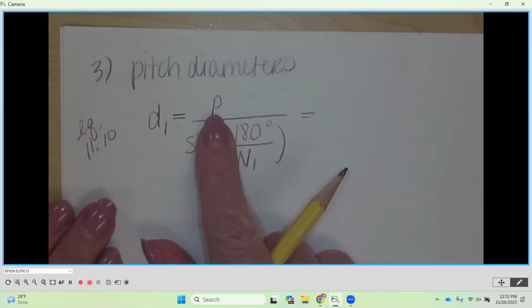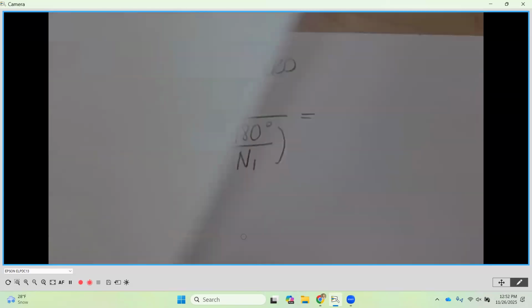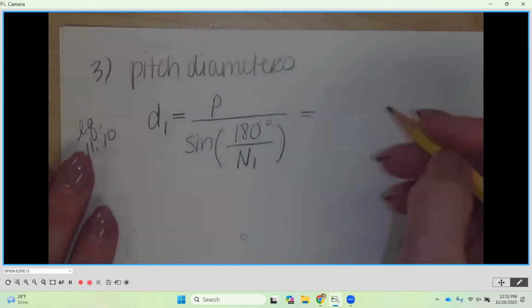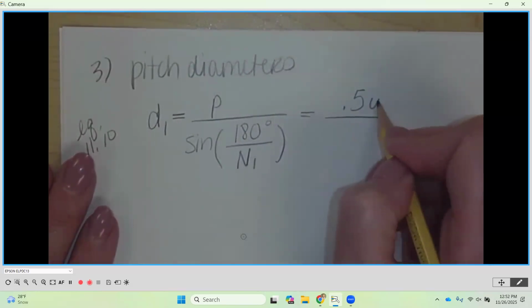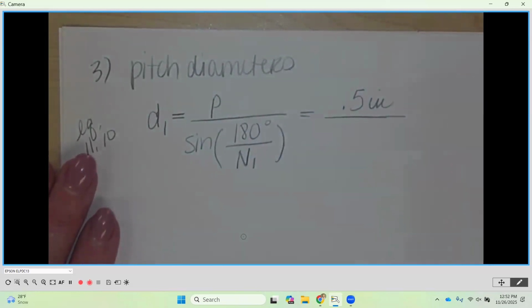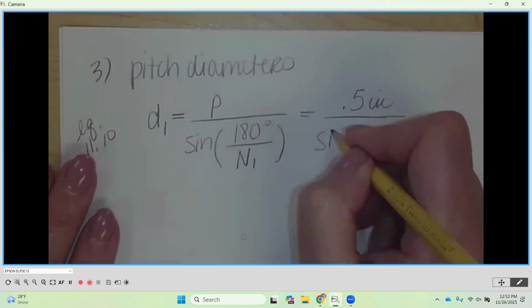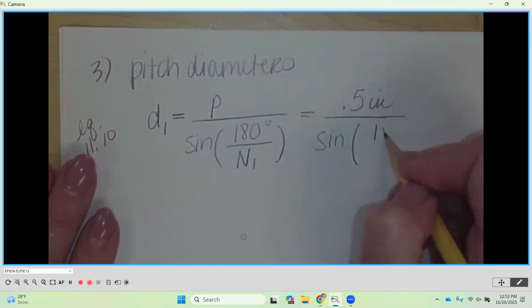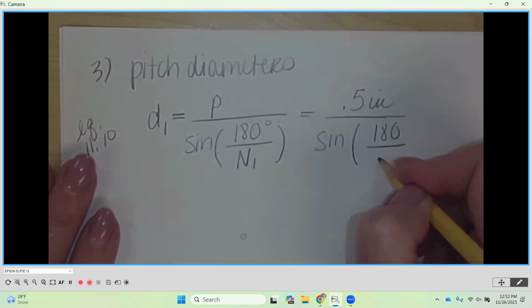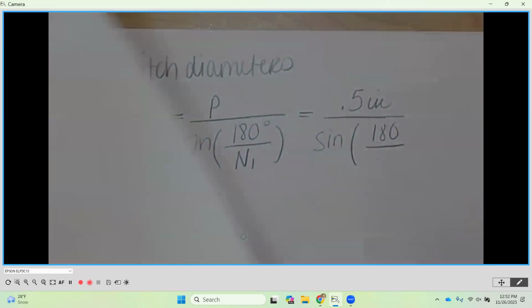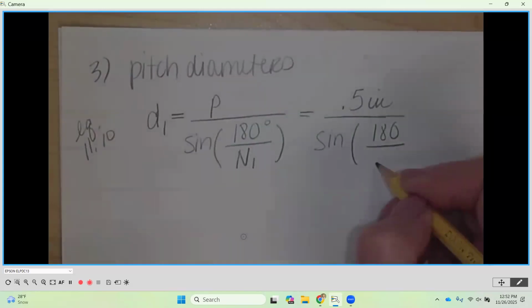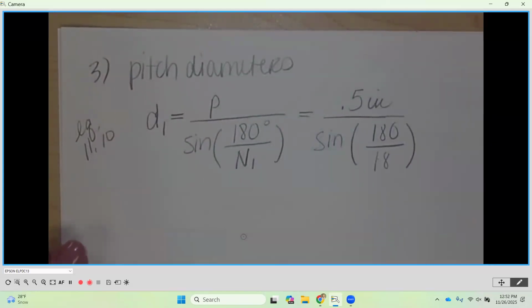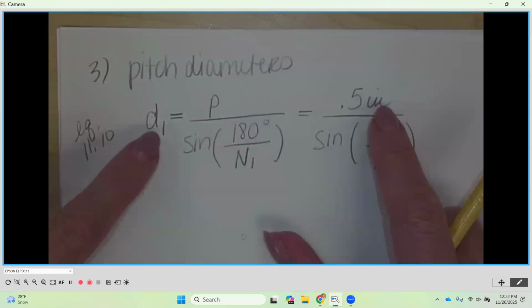So if I go here, my pitch from step 1 is 0.5 inches. So 0.5 is going to be equal to sine of 180 divided by the number of teeth on our small sprocket. That's 18 teeth, so we're just going to put 18 there. Inches is what we want for our diameter.